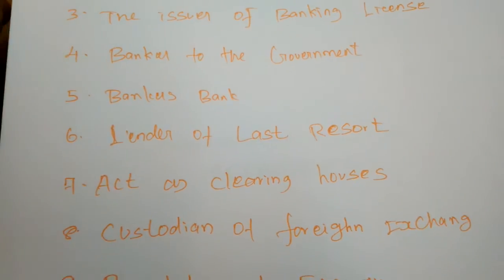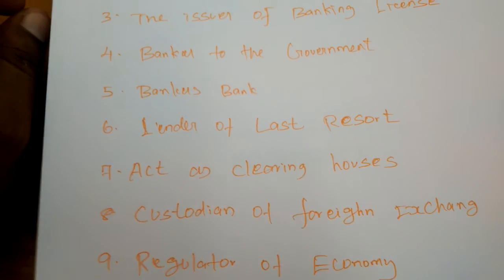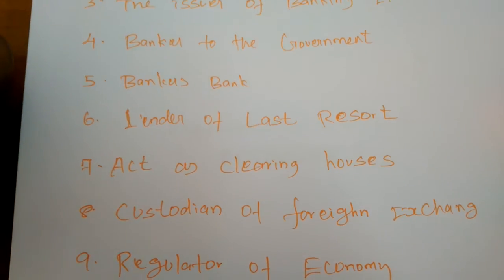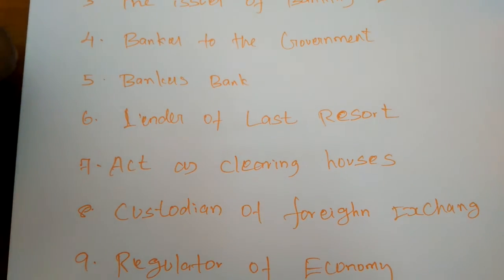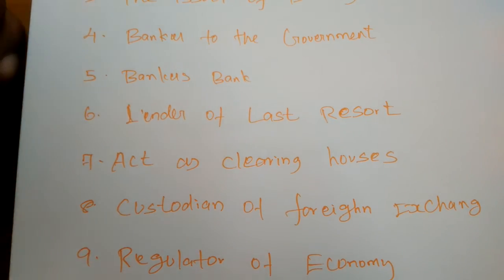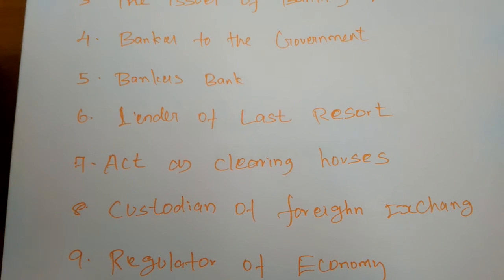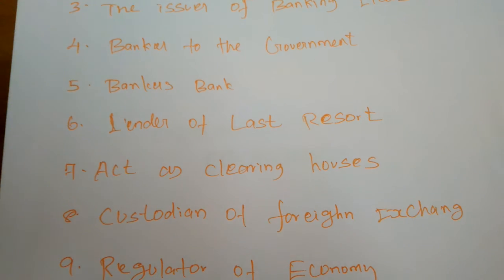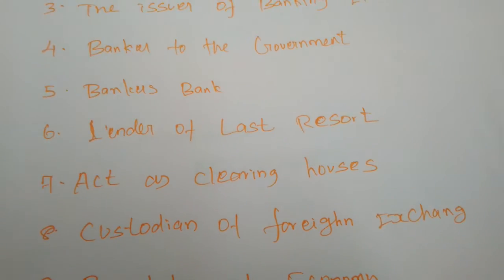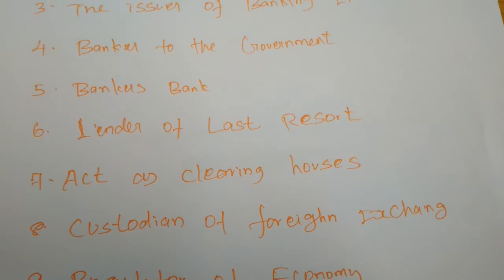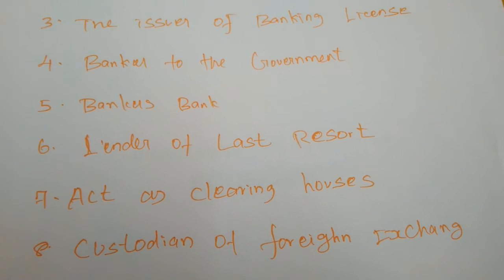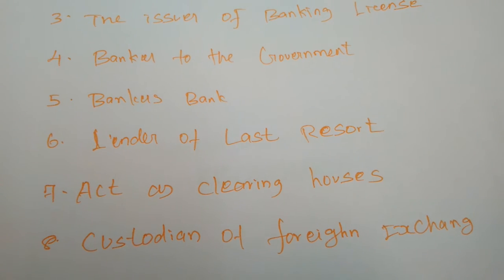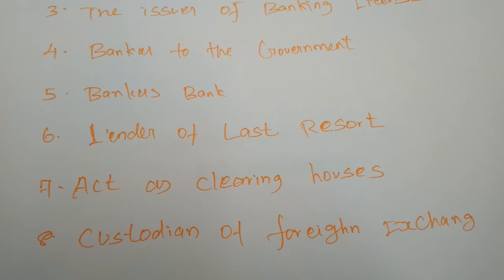Next, lender of last resort. Whose last resort? The banks can borrow from the RBI by keeping eligible securities as collateral at the time of need or crisis when there is no other source. All the banks must have some organization to borrow money from if they need more financial ability.